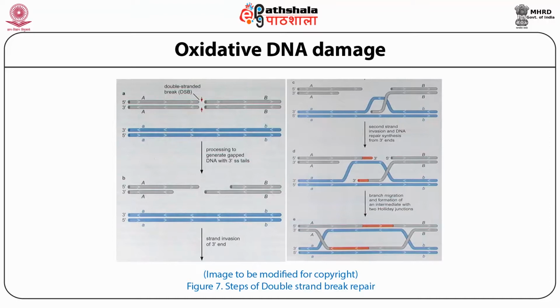Using both strands of the undamaged DNA as a template, the gaps generated by the action of RecBCD are filled by DNA polymerase, followed by the action of DNA ligase, which seals the nick.